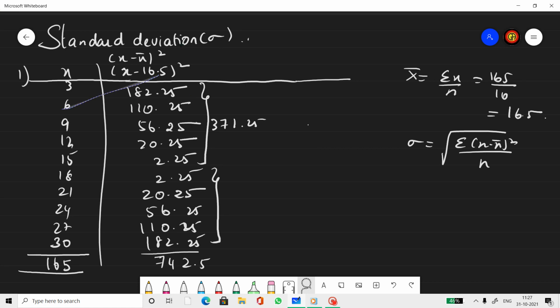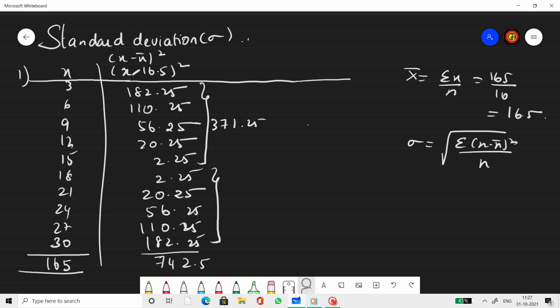Likewise, 6 minus 16.5 is minus 10.5, the square of that is 110.25. 9 minus 16.5, so like that every x value will get subtracted from 16.5, and then you will square the values. So this way we get the answer for this column.